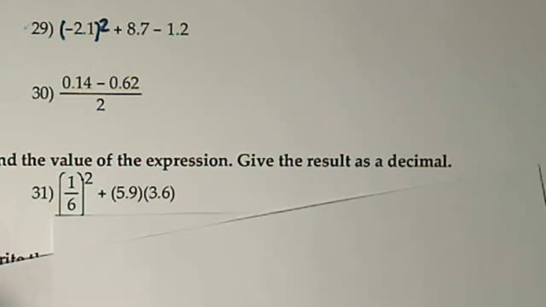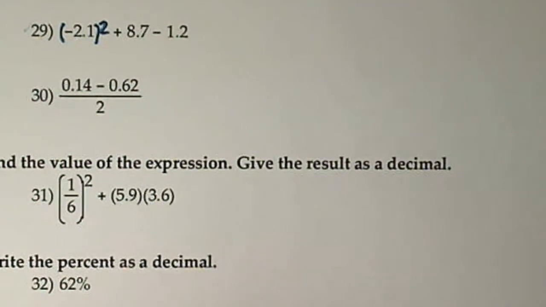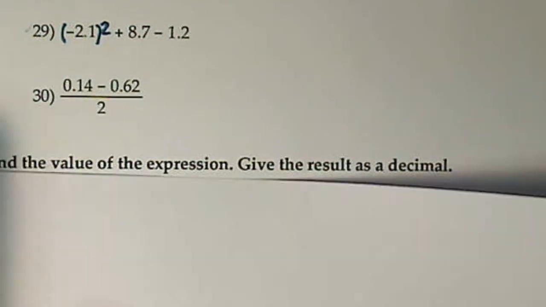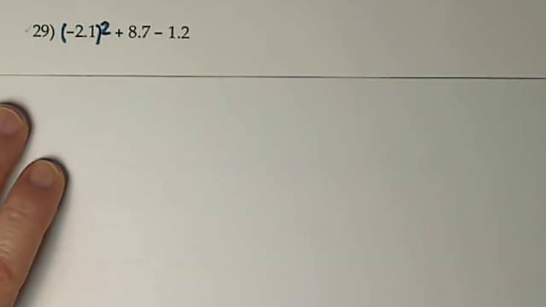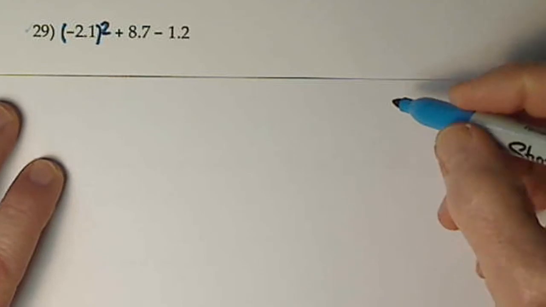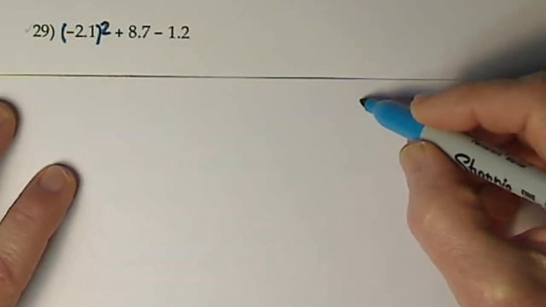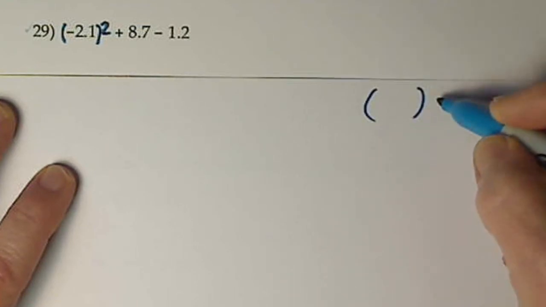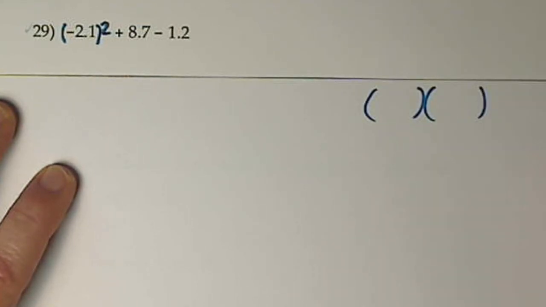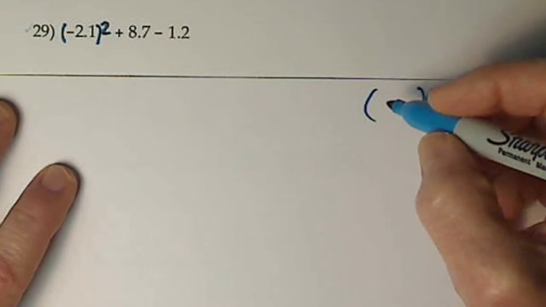I'll do my work off to the side, and then I'll put the result directly underneath the problem. Okay? So this 2 touches the parentheses. That tells me I have 2 sets of parentheses with negative 2.1 in each one.